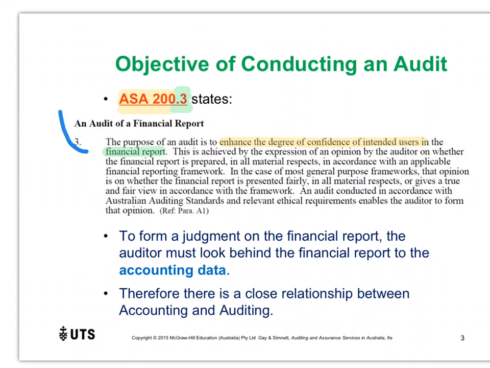Remember this, and we have mentioned this before, but the financial report includes the financial statements, which are all the numbers. We've got the income statement, the balance sheet, the cash flow statement, and the statement of changes in equity. But it also refers to the notes. It also refers to the written disclosures within the financial report.